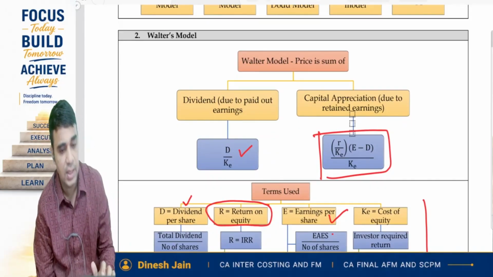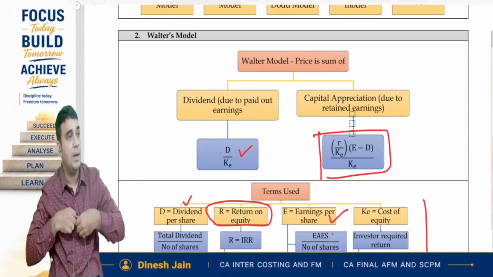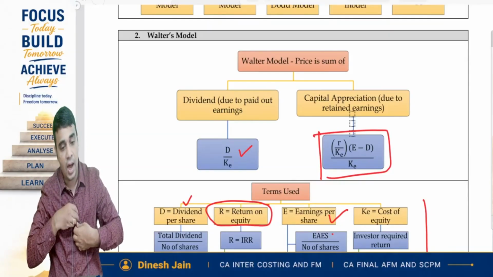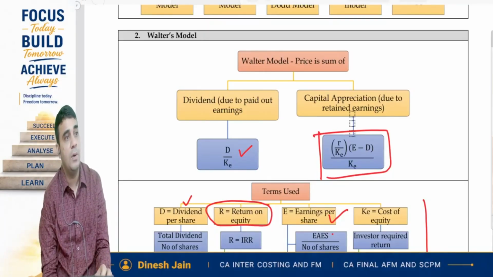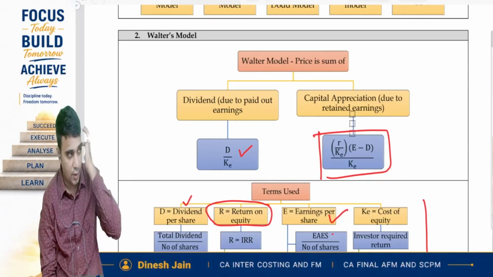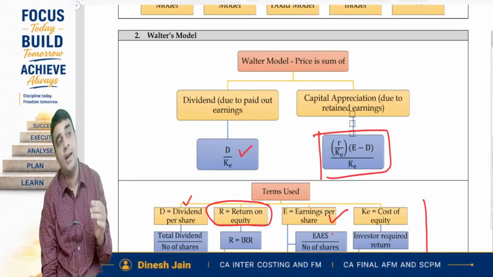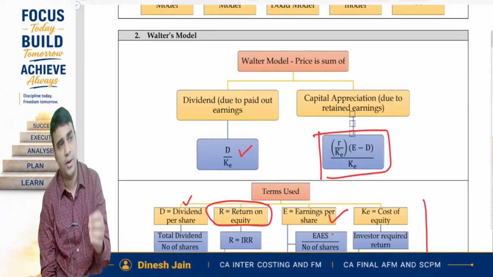In this we learned D represents dividend per share, which is total dividend divided by number of shares, or you can also say this is equal to EPS into payout ratio, or dividend rate into face value. R is return on equity, IRR, ROE, ROI, rate of return on retained earnings.